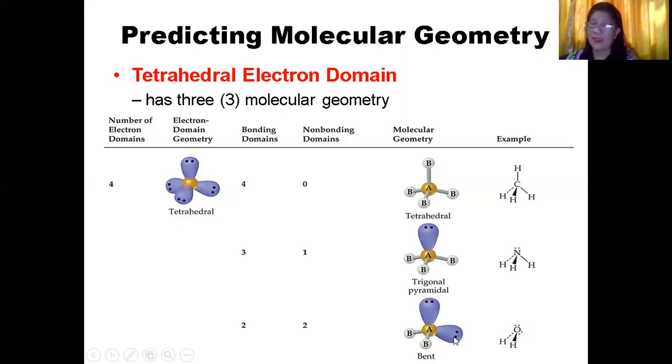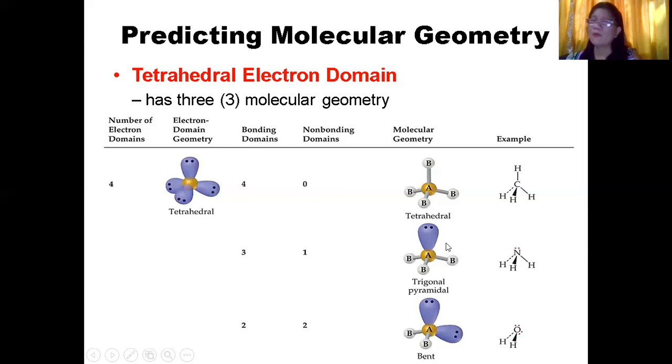Two lone pairs or two atoms. Okay, so here, first, this is CH4. Then the second one is NH3. It is still tetrahedral. There will be 4 domains here, and this one is the lone pair.